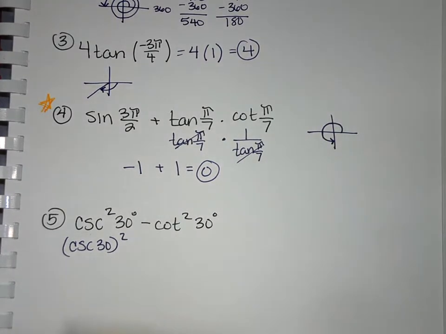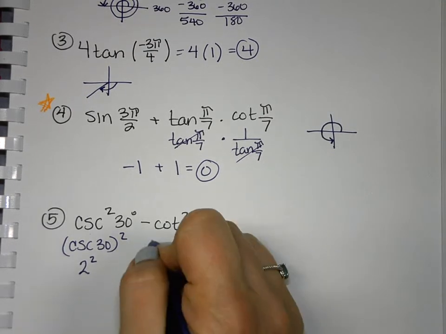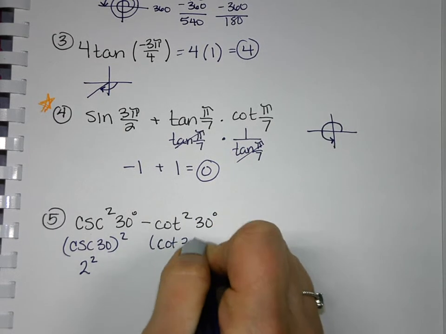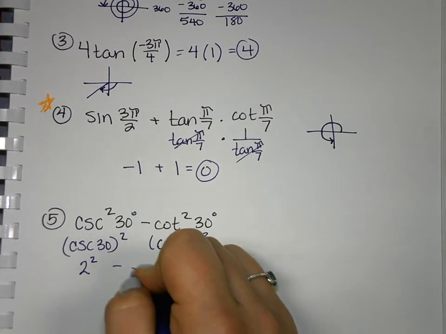The reciprocal of 1/2 is 2, so I'd have 2 squared. This is the same as cotangent 30 squared. So when I think what is tangent of 30, it's 1 over root 3 or root 3 over 3. And so the cotangent would be just root 3.